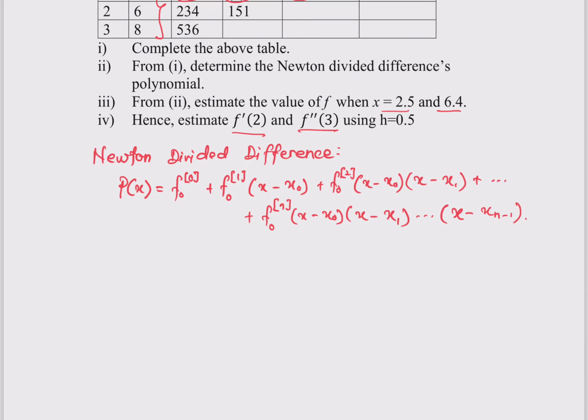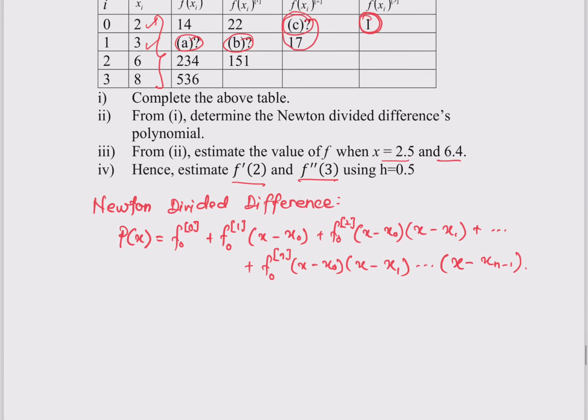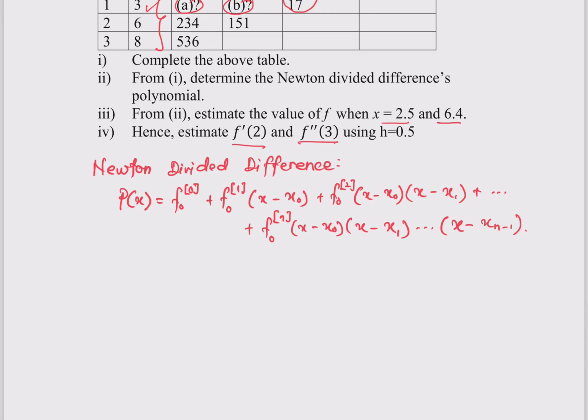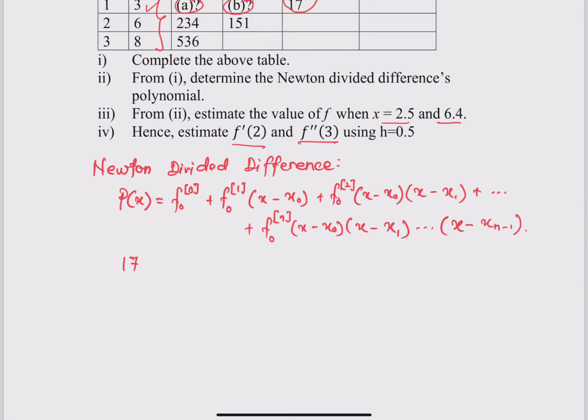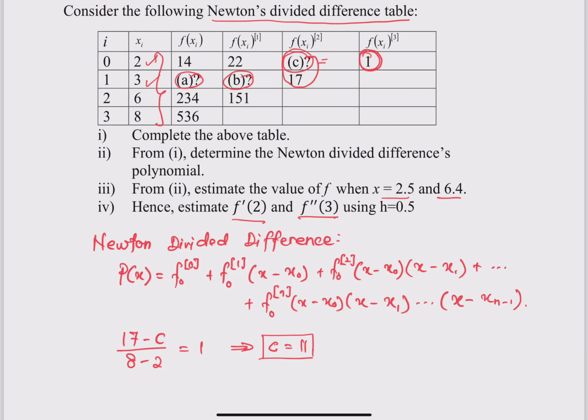To get C first, you can do 17 minus C divided by x minus 2 is equal to 1. And if you do the algebra, what you will get is C is equal to 11. So now we have the value of C equal to 11.